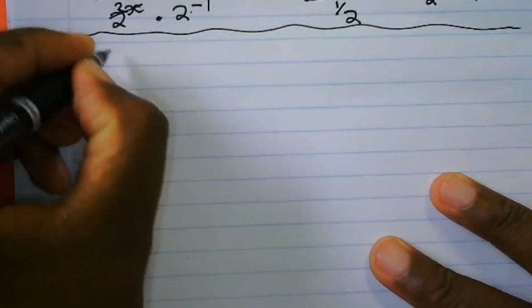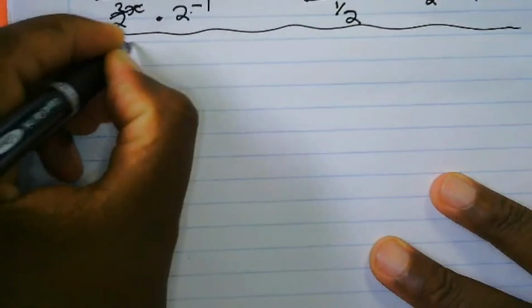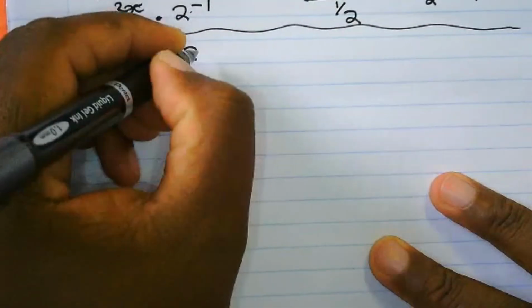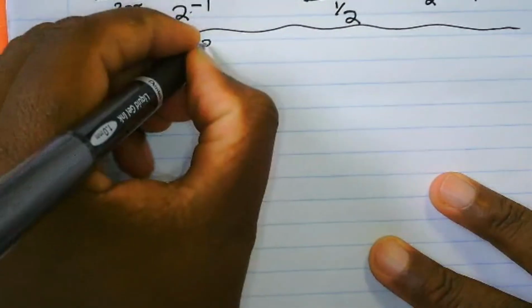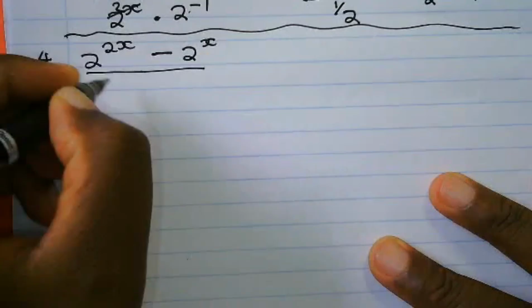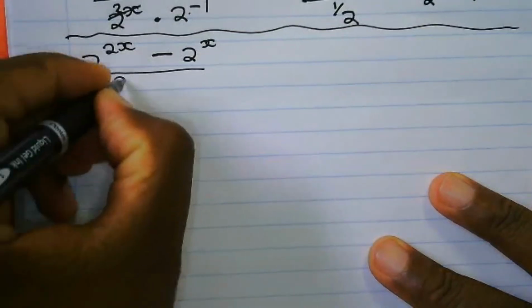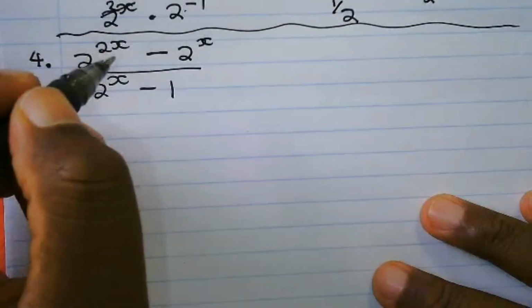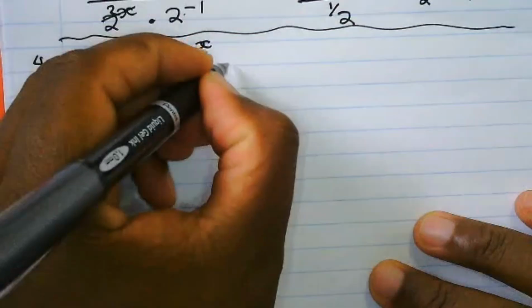Number 4, we have 2 raised to 2x minus 2 raised to x. This is all over 2 to the x, and then minus 1. How do I do this?